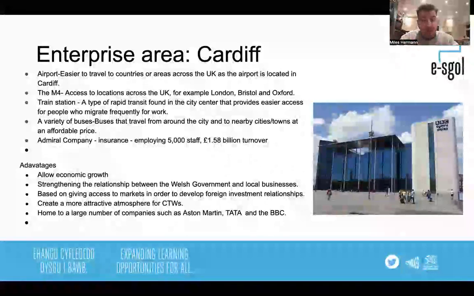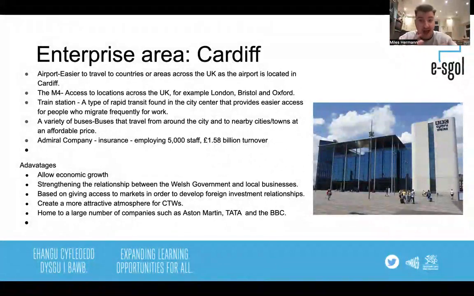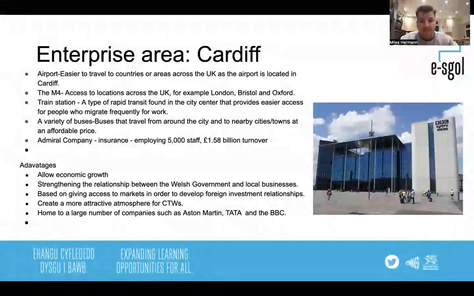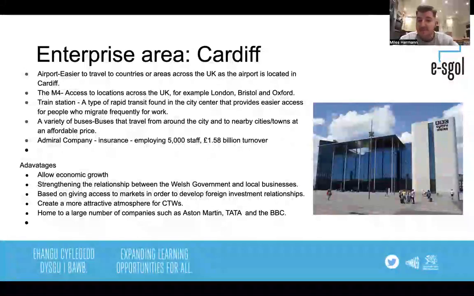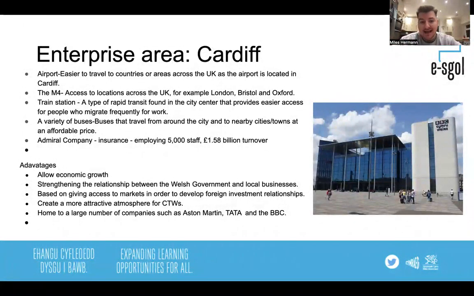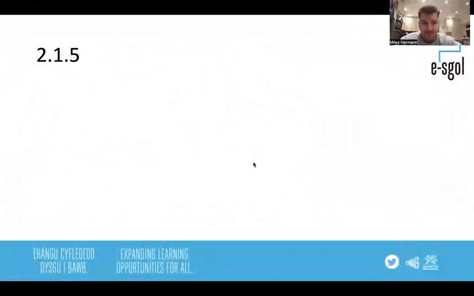It's obviously given employment to a lot of people in an area where there was a lot of unemployment. Based on giving access to markets in order to develop foreign investment relationships. It's a more attractive atmosphere for transnational companies and larger companies, foreign investment, like I said, and it's a home now to large companies such as Aston Martin, Tata, and the BBC.